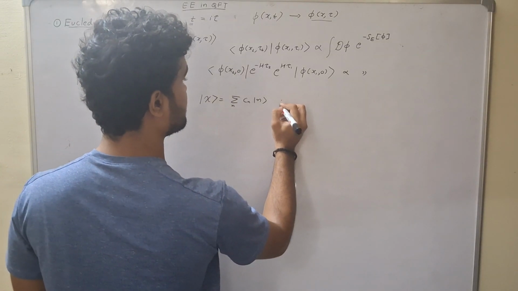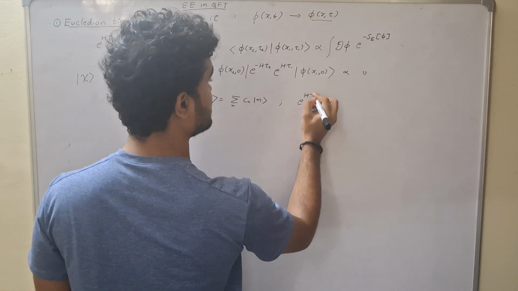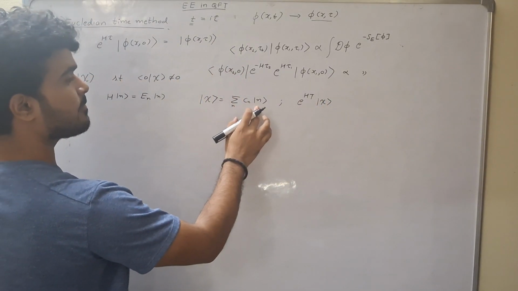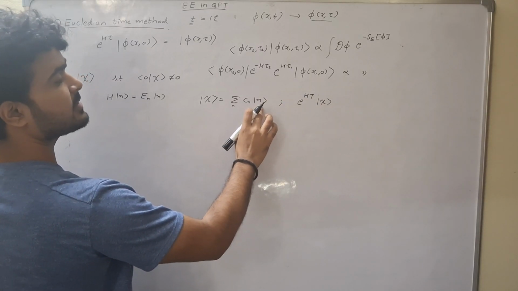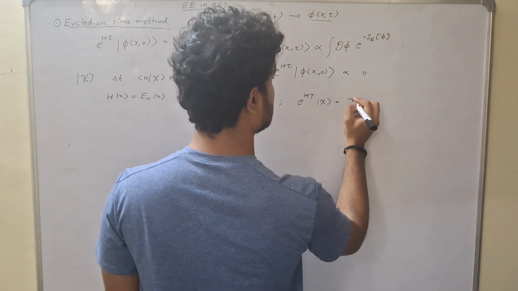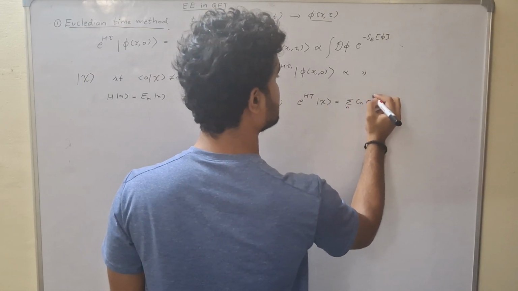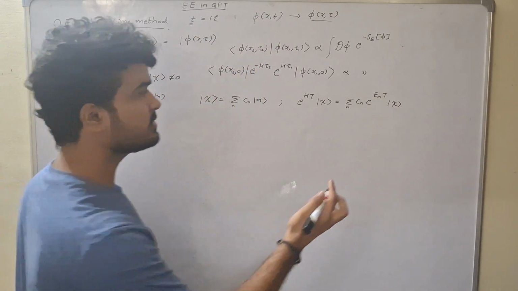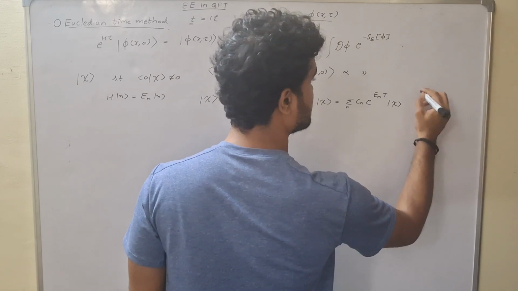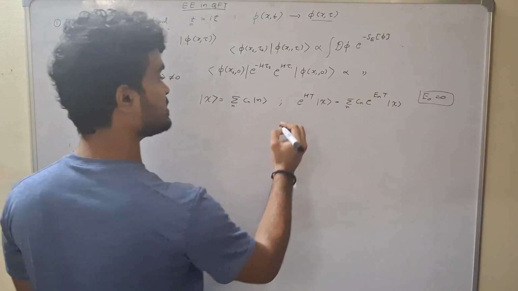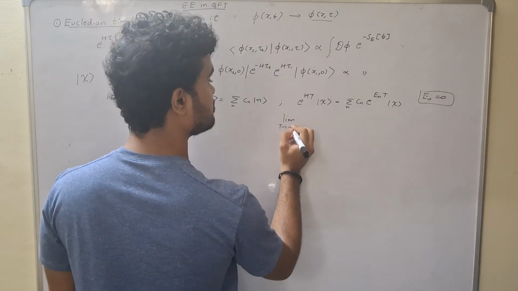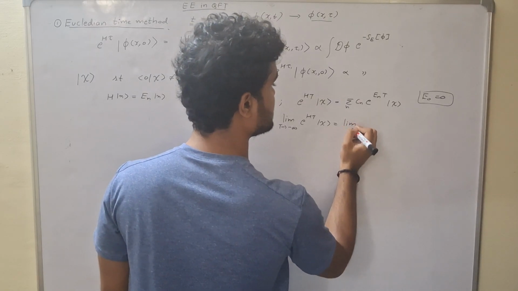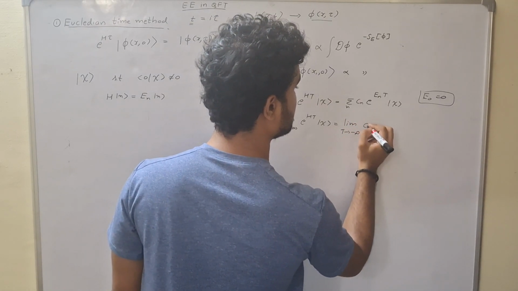Now if we do the time evolution, e raised to Ht on chi, this exponential will go inside, and since these states are eigenvectors of H, this will give you the summation over n of Cn e raised to Ent n. Suppose the ground state energy E0 is 0.